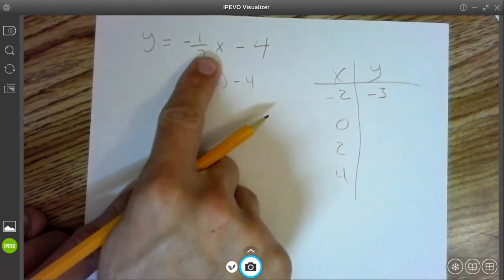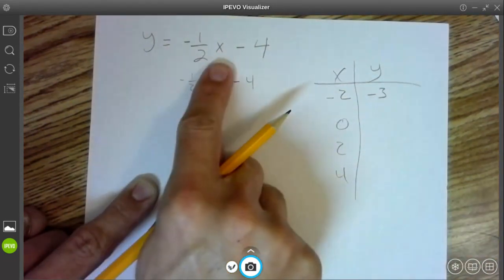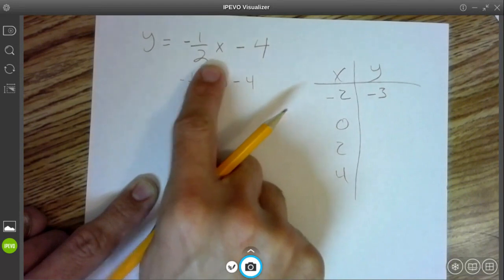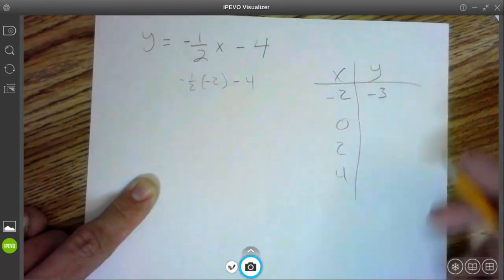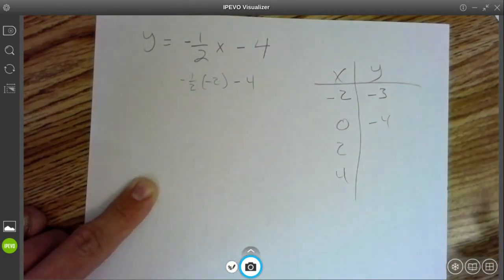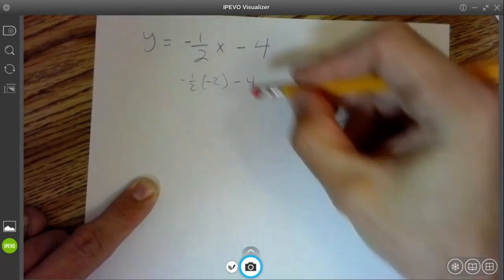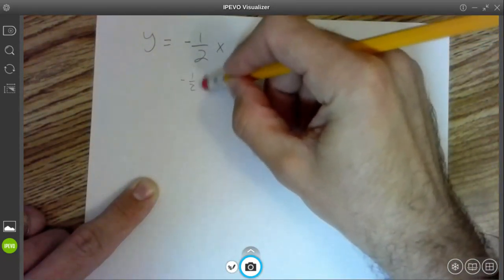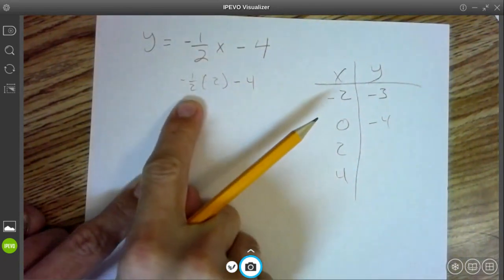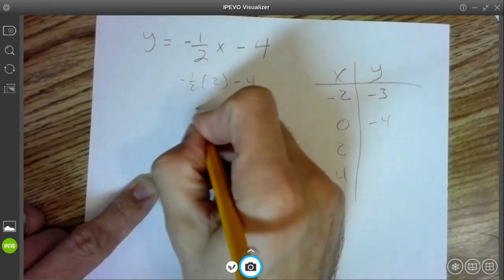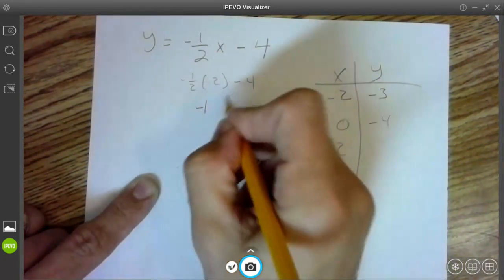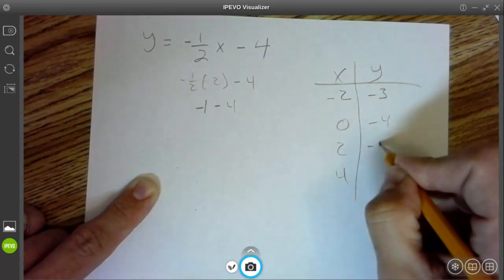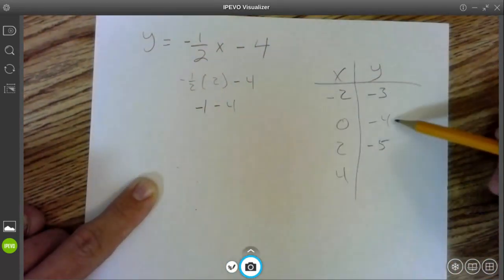Now plug in 0 for x. -1/2 times 0 is 0. 0 minus 4 is -4. Let's plug in 2 for x. -1/2 times 2 is -1. Minus 4 is equal to -5. Hopefully you see my pattern here.